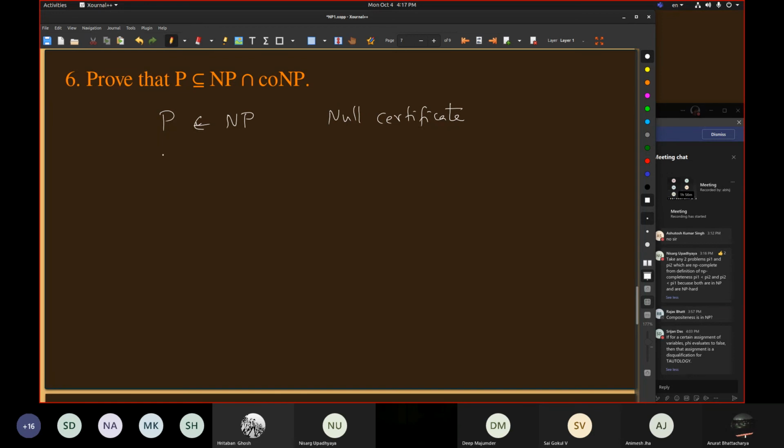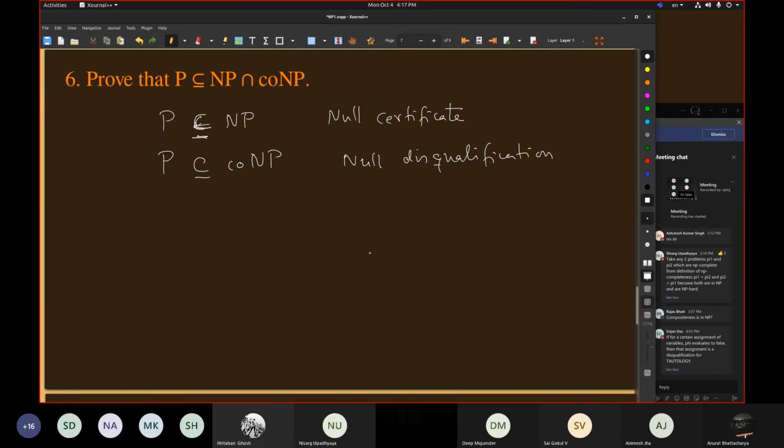Likewise, P is contained in co-NP, because if a problem has polytime solvability, I actually do not require any disqualification. It can be null. I simply solve that problem and determine the answer. So it is inside NP, and also inside co-NP, and therefore it is inside the intersection of NP and co-NP.